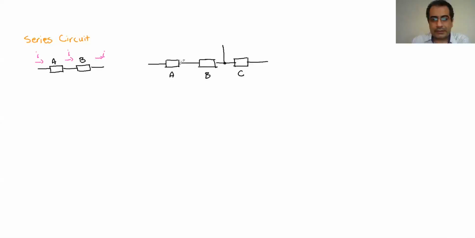It's not a single wire connected end to end. There is something in between, in addition to that single wire. Because that is in there, B and C are not considered series anymore.